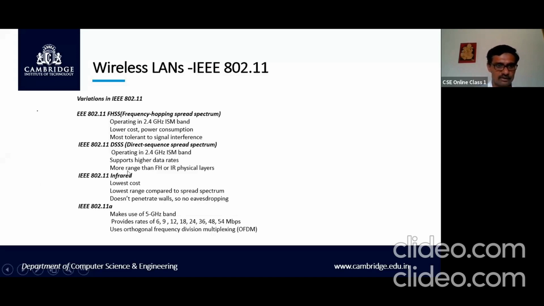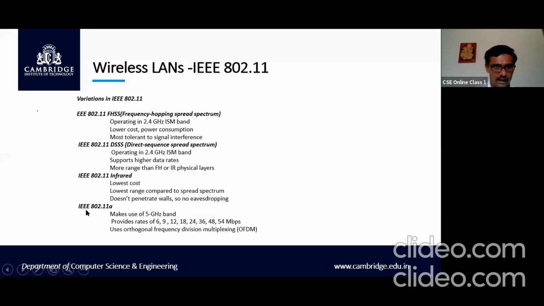Infrared is used in our TV remote. You cannot operate your TV remote sitting in one room with the TV in another room, because infrared has a very high frequency compared to this one. Because it does not operate in 2.4 gigahertz, the frequency is very high, so the range is very small, and it cannot penetrate walls.